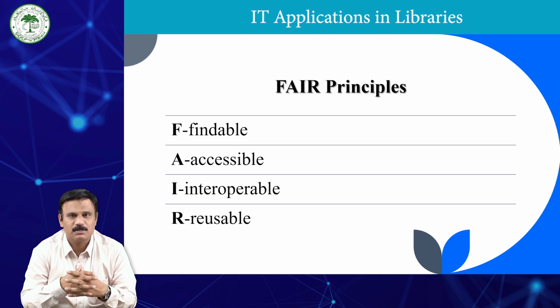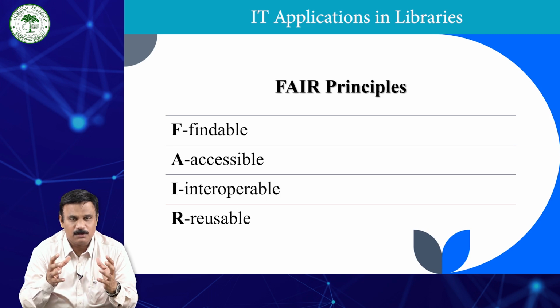This requires comprehensive metadata and distinct identifiers that enable data discovery through search engines and data repositories. That means the data should be easily found by humans as well as machines from various databases.